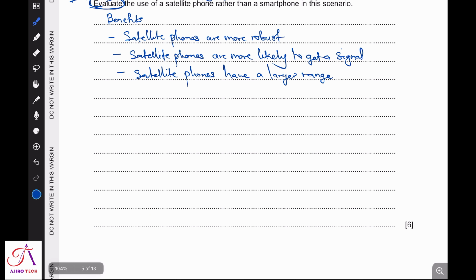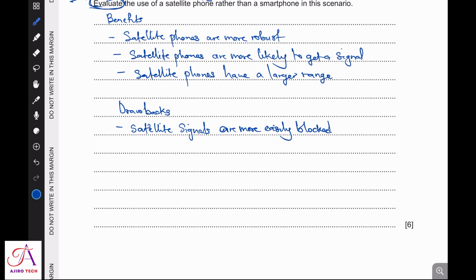Let's talk about drawbacks. The satellite signals are more easily blocked by obstacles. What else again?